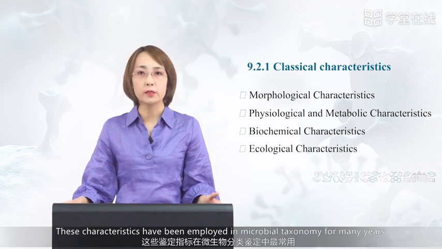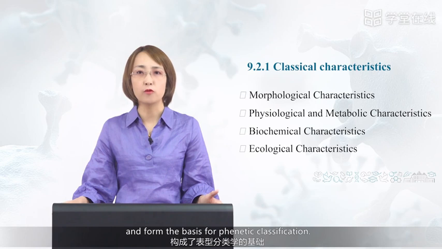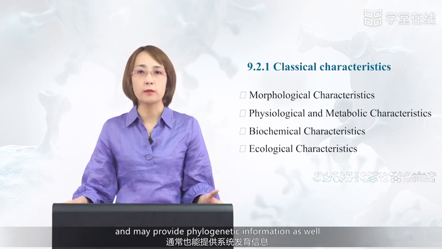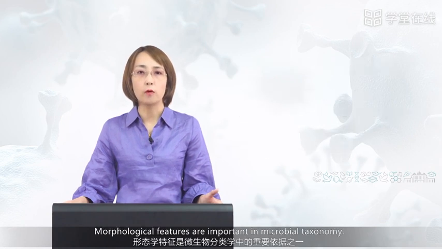These characteristics have been employed in microbial taxonomy for many years and form the basis for phenetic classification. When used in combination, they are quite useful in routine identification and may provide phylogenetic information as well.